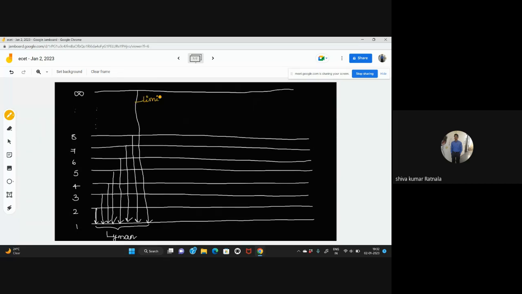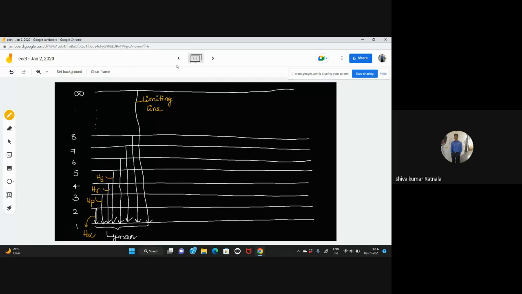The first line is also called H alpha, the second line H beta, this is H gamma, this is H delta.